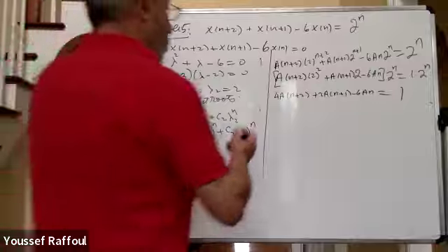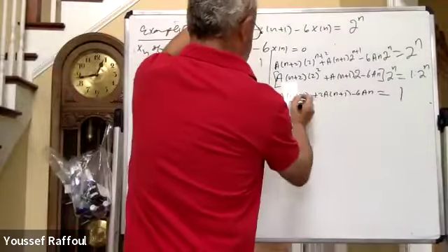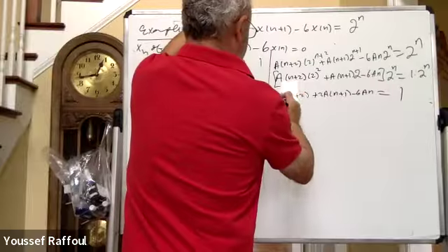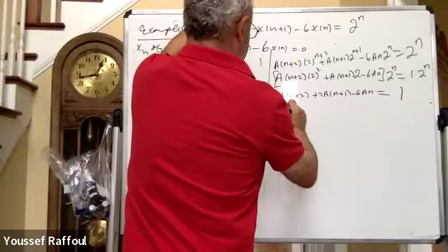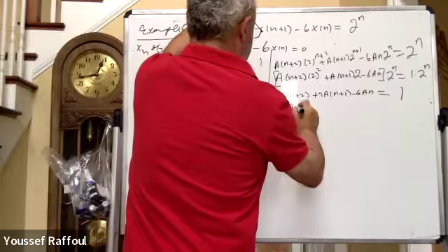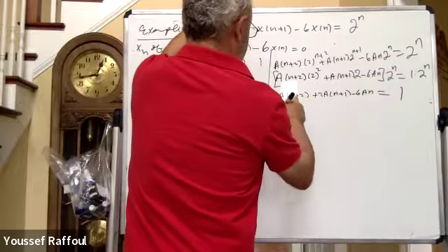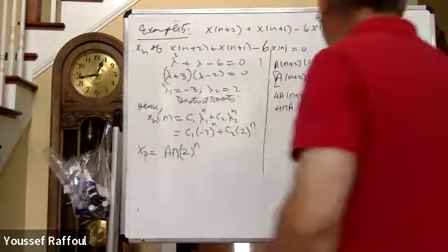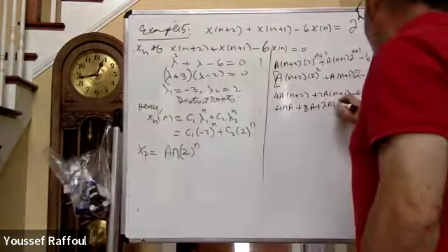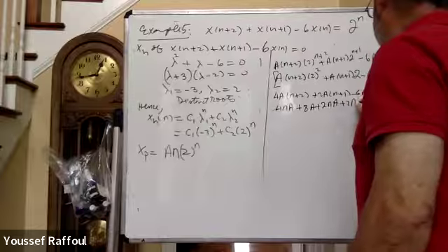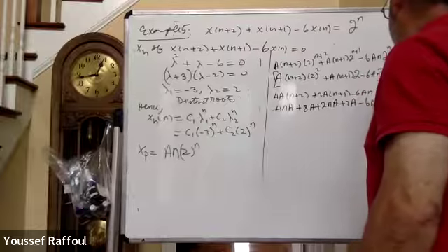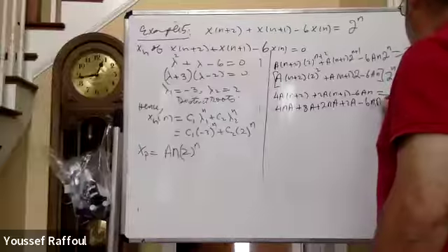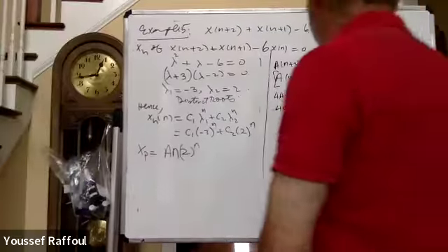Well, let's do the work. That is 4na plus 8a plus 2na plus 2a minus 6na equal 1.